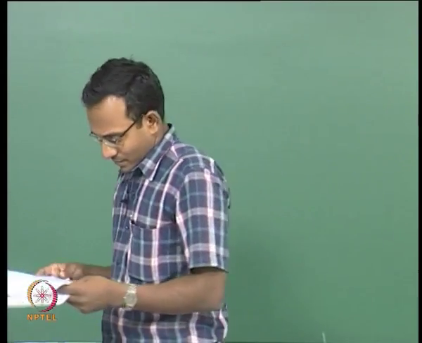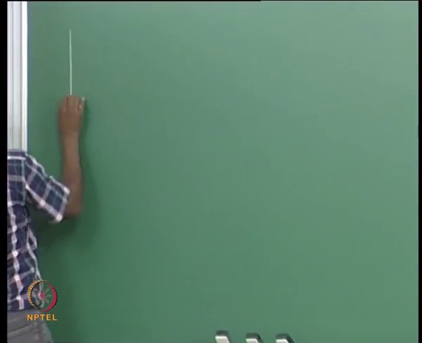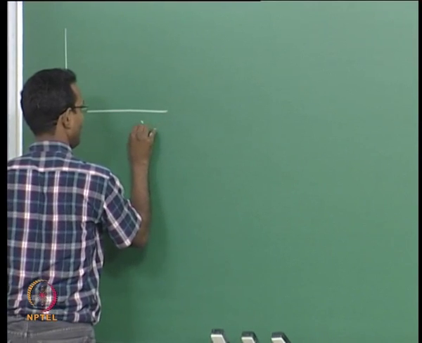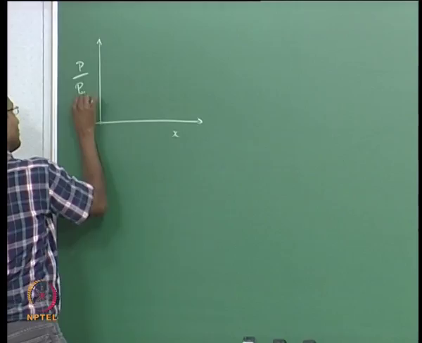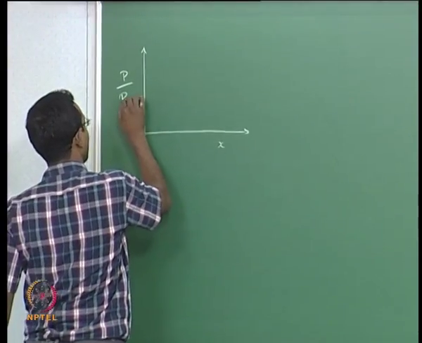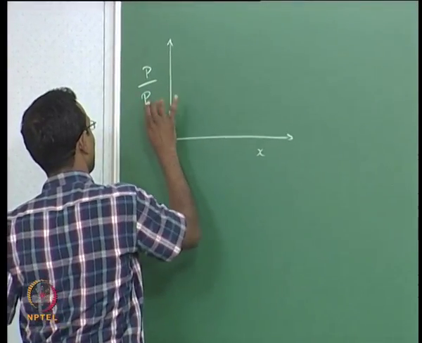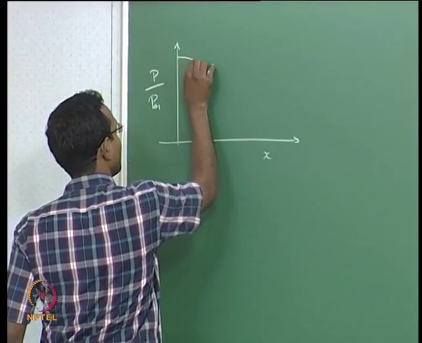When we think about under expanded flow, what do we mean? We go back to the plot again. I am going to say that if I plot P by P01, then I am going to get something like this.